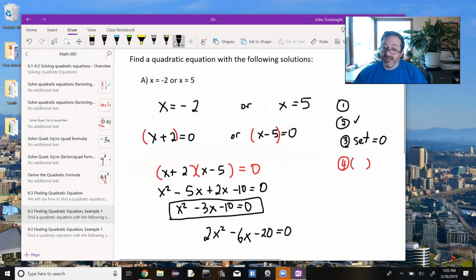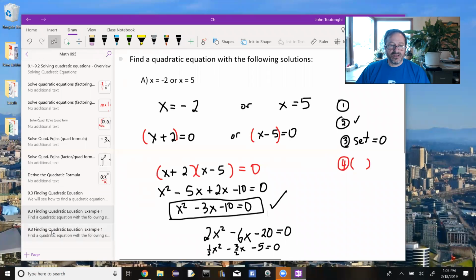I could also multiply everything in the first equation by a half and get 1/2 x squared minus 3/2 x minus 5 equals 0. And you could see there actually are infinitely many quadratic equations that have the same two solutions. So we just need to find one. So we take our solutions, we set them equal to 0. We multiply that. Gives us the factors, we multiply them out, set the result equal to 0, and we're done.